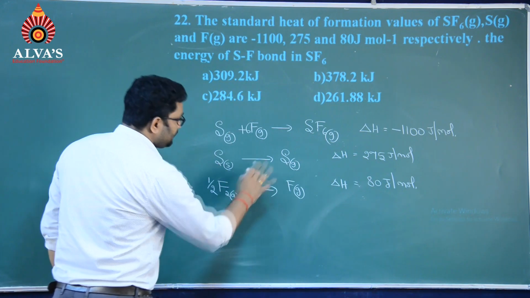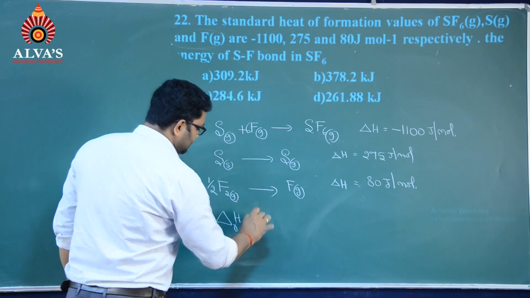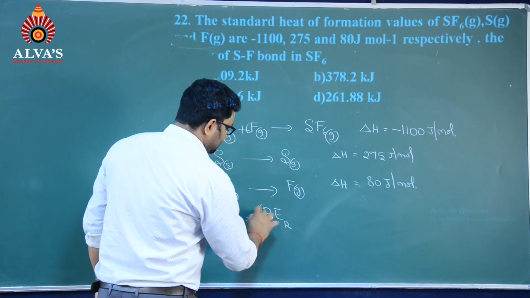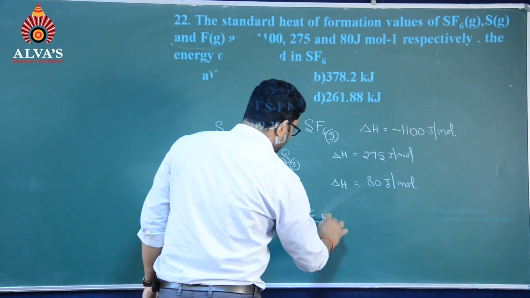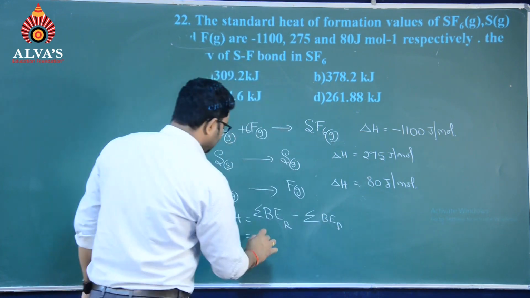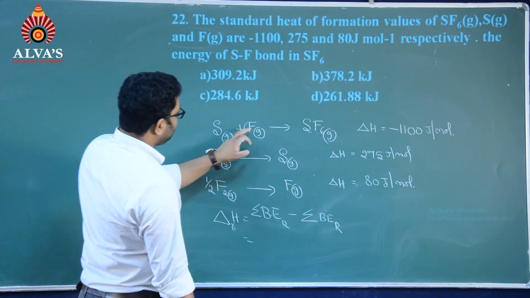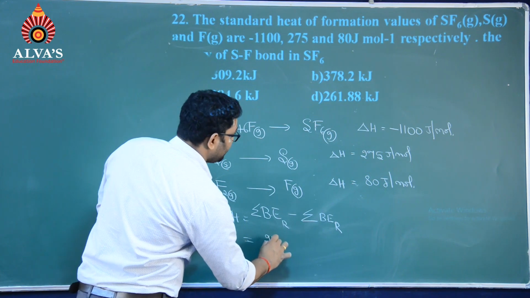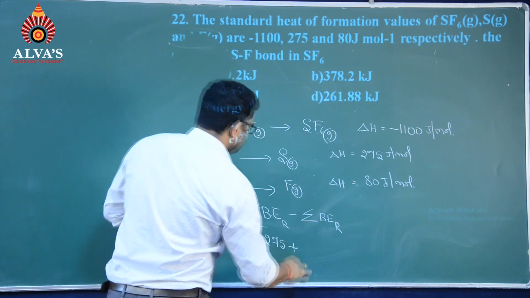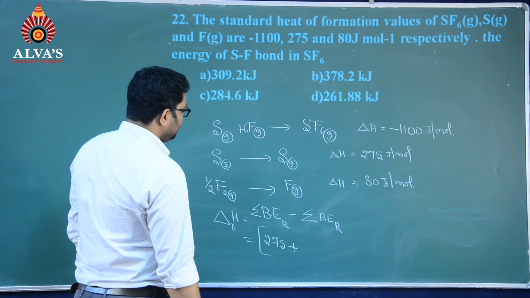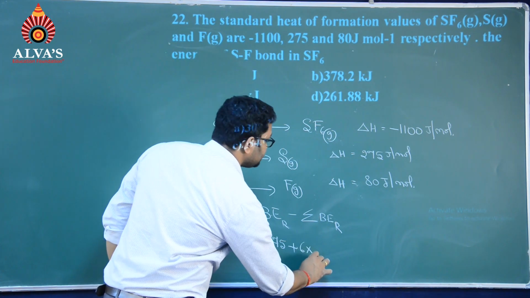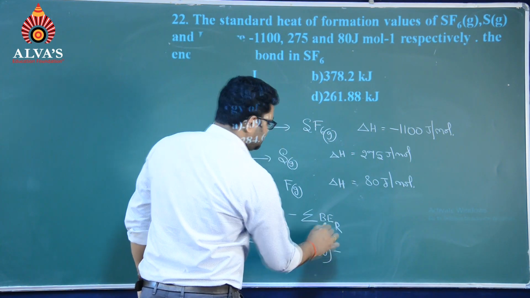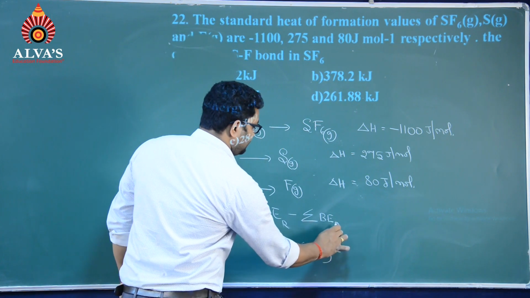Now the enthalpy of the reaction is nothing but the bond energy of the reactants minus the bond energy of the products. Reactants are sulfur and fluorine. Sulfur value is 275 plus we have 6 fluorine gas, that is 6 into 80, minus the product.